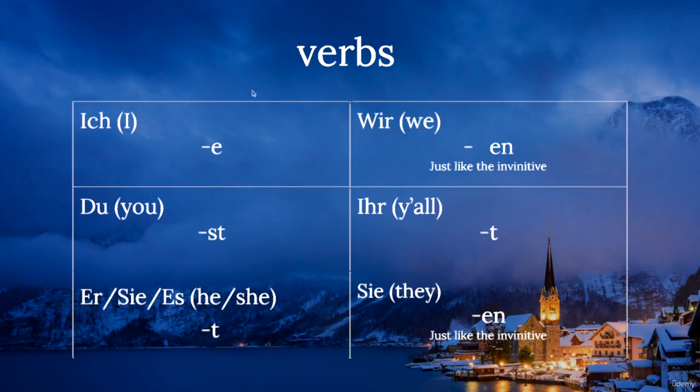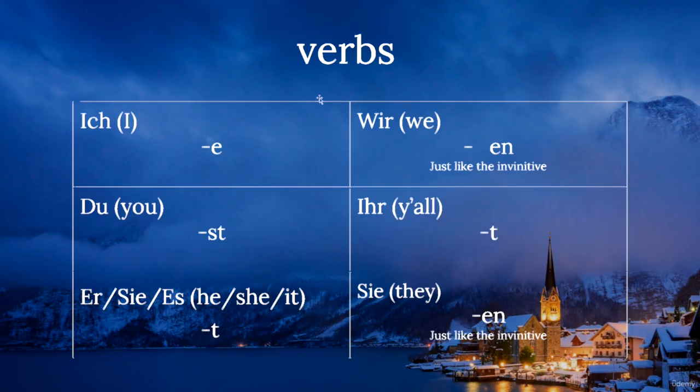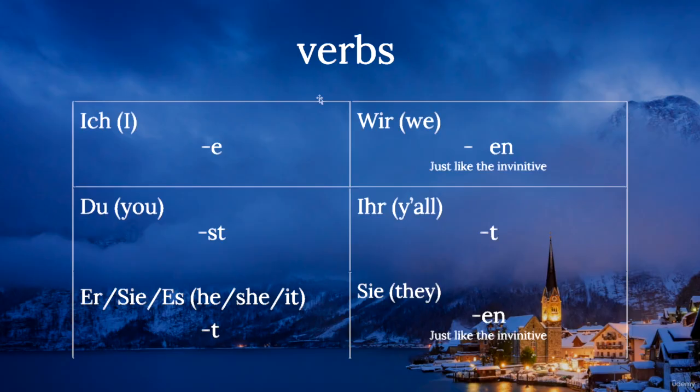Es is the same as it. We means wir. And you for plural, you say ihr. And finally, for they, you say sie.